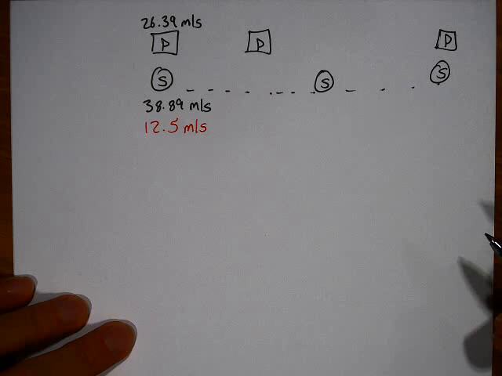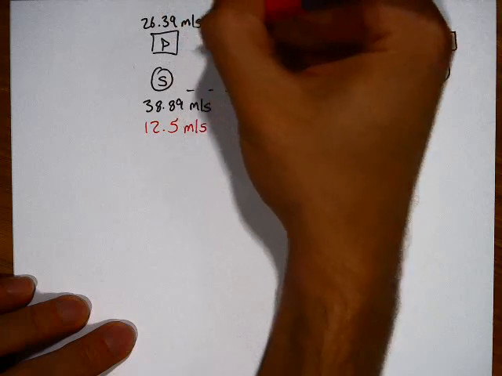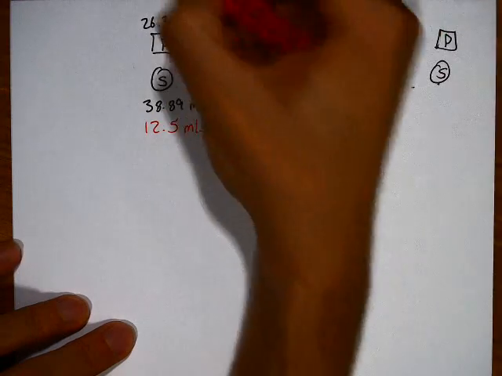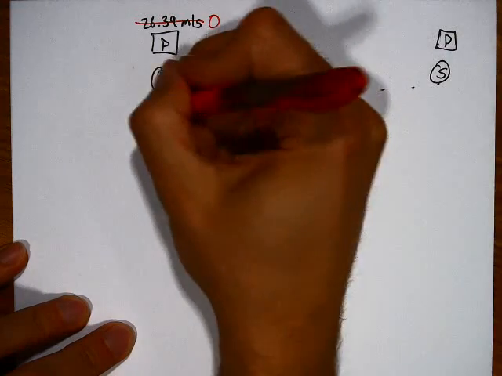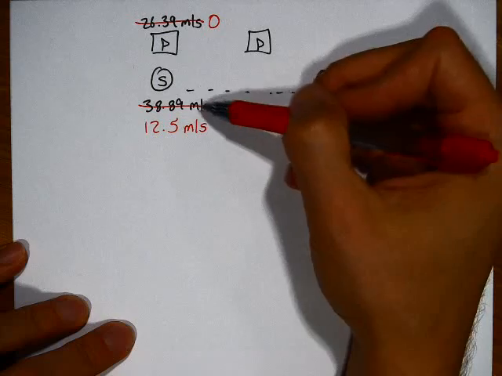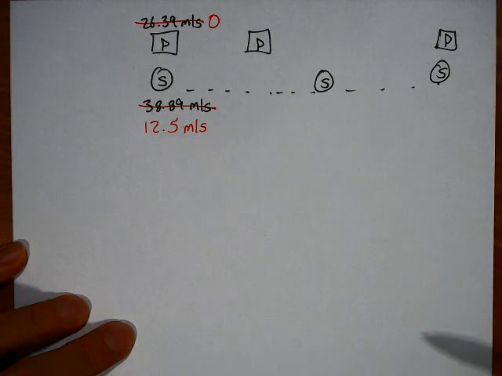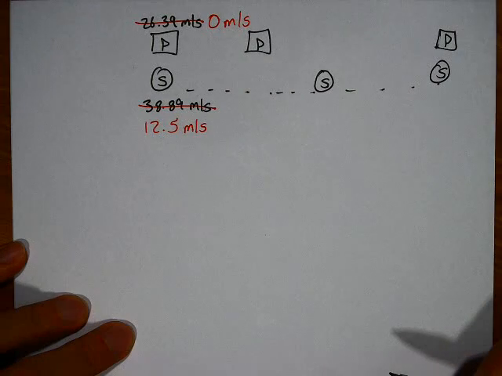We are allowed in physics to change our point of view. In this case, these two speeds are equivalent to saying that the policeman is not moving and the speeder is moving at 12.5. Or rather, really, this is just 12.5 larger than 0. So again, we are changing our point of view.